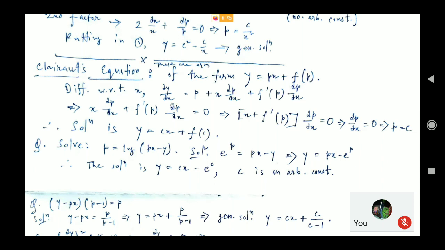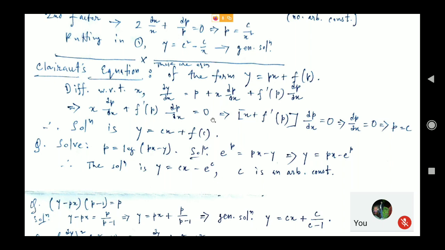So you have dy by dx equal to p into derivative of x, which is 1, plus x into derivative of p, dp by dx, plus f dash p into dp by dx. When we differentiate this with respect to x, we get by chain rule f dash p into dp by dx. This implies x dp by dx plus f dash p dp by dx equal to 0, because this is p and here you have p, they get cancelled.